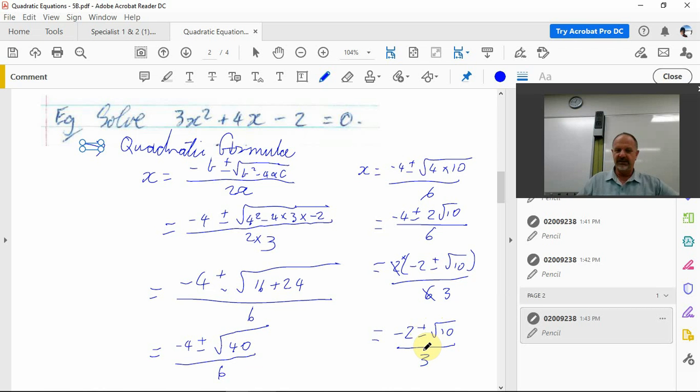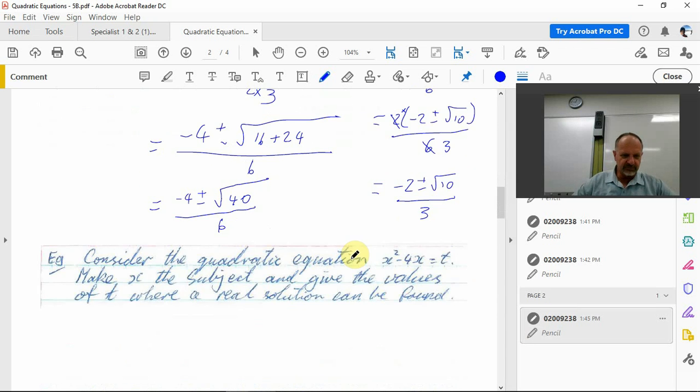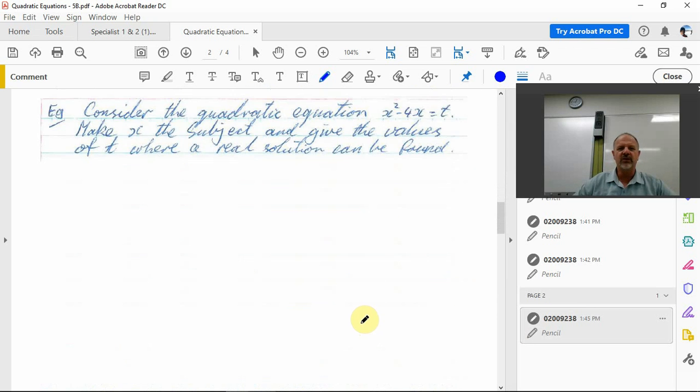All right, next example. Consider the quadratic equation x squared minus 4x equals t. Make x the subject and give the values of t where a real solution can be found. So we've got x squared minus 4x equals t, and we want to make x the subject.